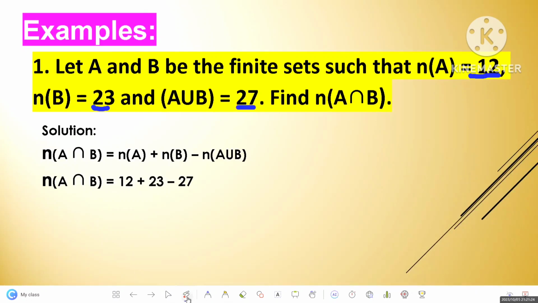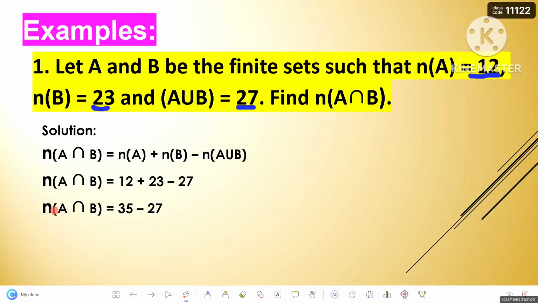Bakit 12? We substitute cardinality A by 12, plus cardinality B substituted by 23, minus cardinality A union B, which is 27.